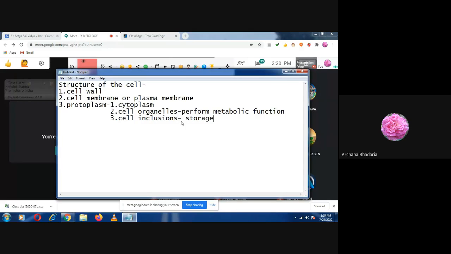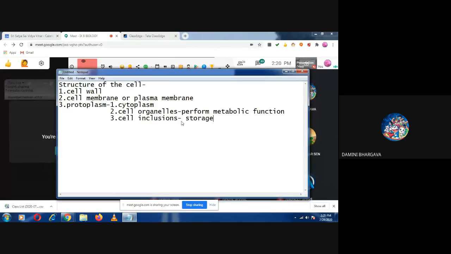They don't perform any function. Like respiration, protein synthesis, digestion, all will be performed by the organelles. An example: the vacuoles are there. Vacuoles come under inclusions. They do the storage. What do they do? Storage. So this much is clear to everyone.